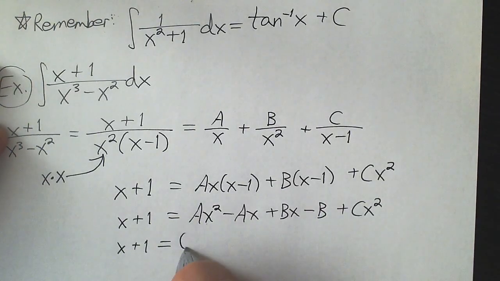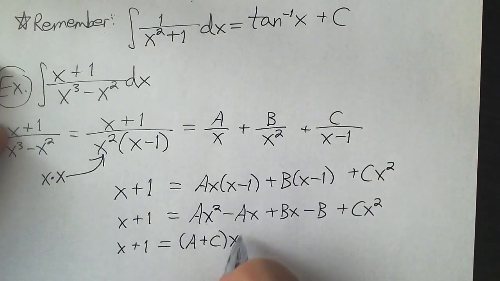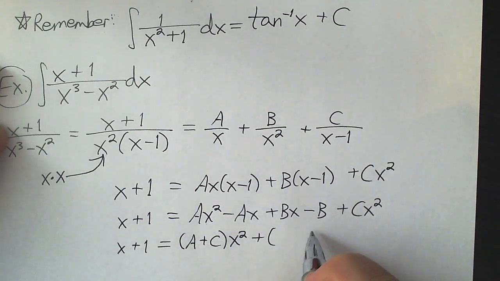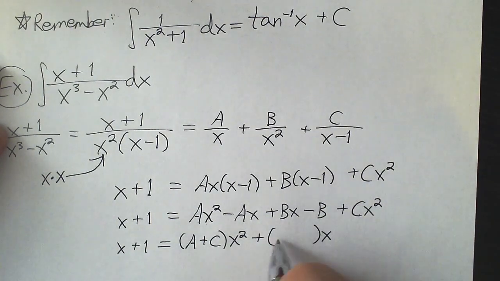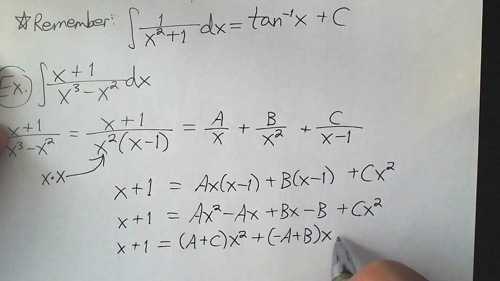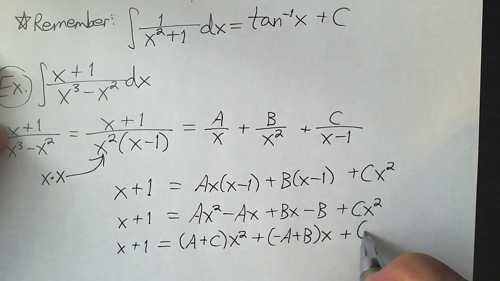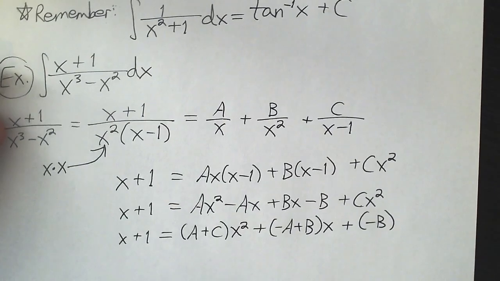So let's get all of the x squareds together. Let's get all the x's together. So there's my x squareds because there was an ax squared and a cx squared. For x's, I have a minus a and a plus b. And then I guess this minus b. I could write it like that. That's fine.